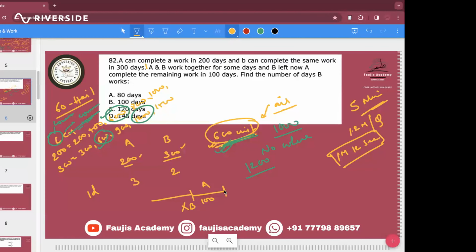Now at this point, let's say this is your initial point and this is your finish point. From here to here, A worked all alone, the last 100 days up till finishing. If A worked for 100 days, how much work did he do?